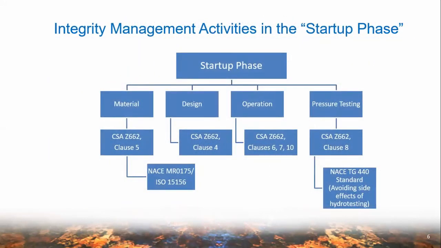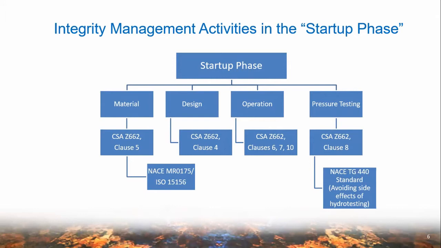With this background, let us now go over various activities we carry out in different phases. Before we start up operation, we must and we will select appropriate material, establish appropriate design, and then carry out the operation accordingly.